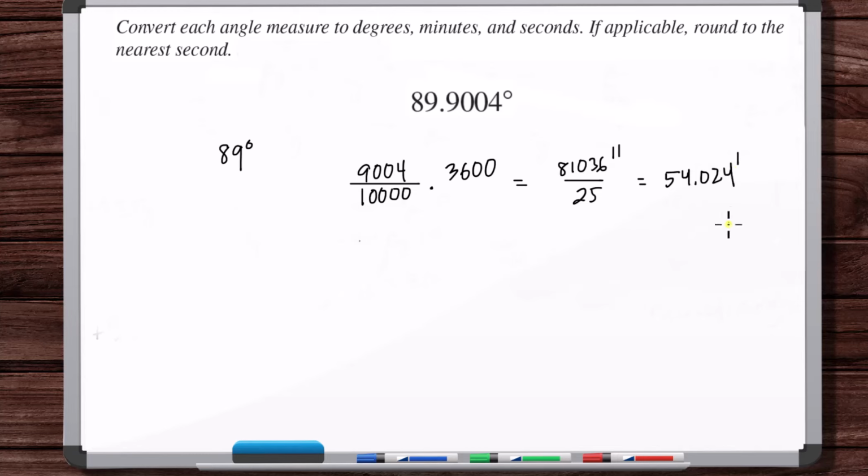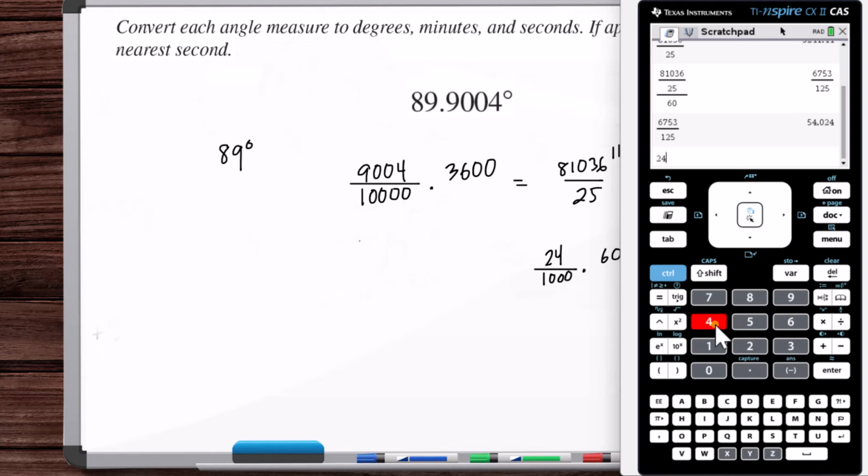Okay, so we've got 0.024 minutes, so 24 thousandths of a minute is how many seconds? Well, there's 60 seconds in a minute. So 24 times 60 divided by 1,000.